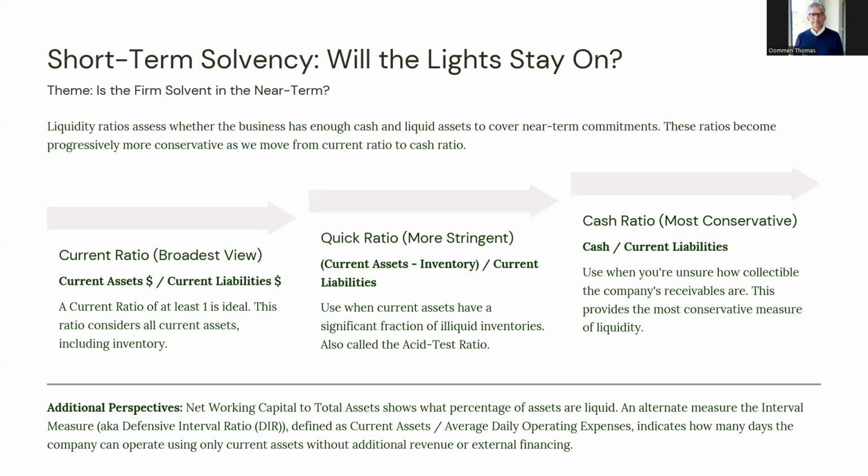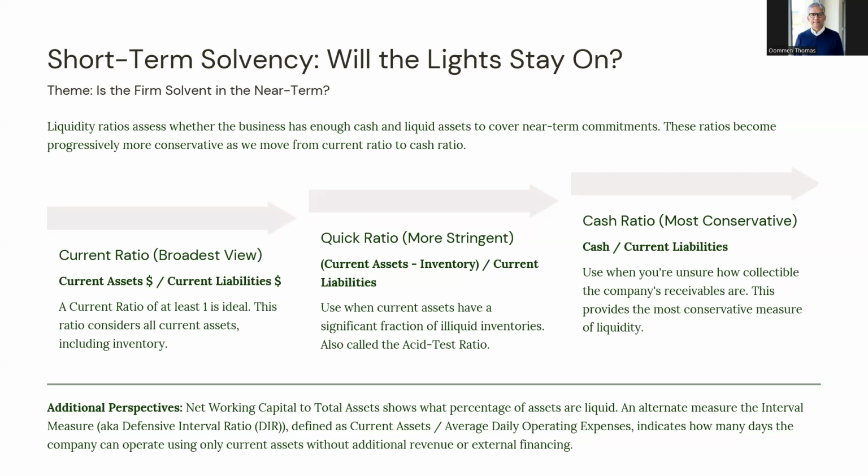Now, as we know from our balance sheet discussions, current assets are the best indicator of short-term assets, and current liabilities are the best indicator of short-term liabilities. So in effect, what analysts are doing is comparing current assets to current liabilities to answer the question whether in the short term the company is solvent.